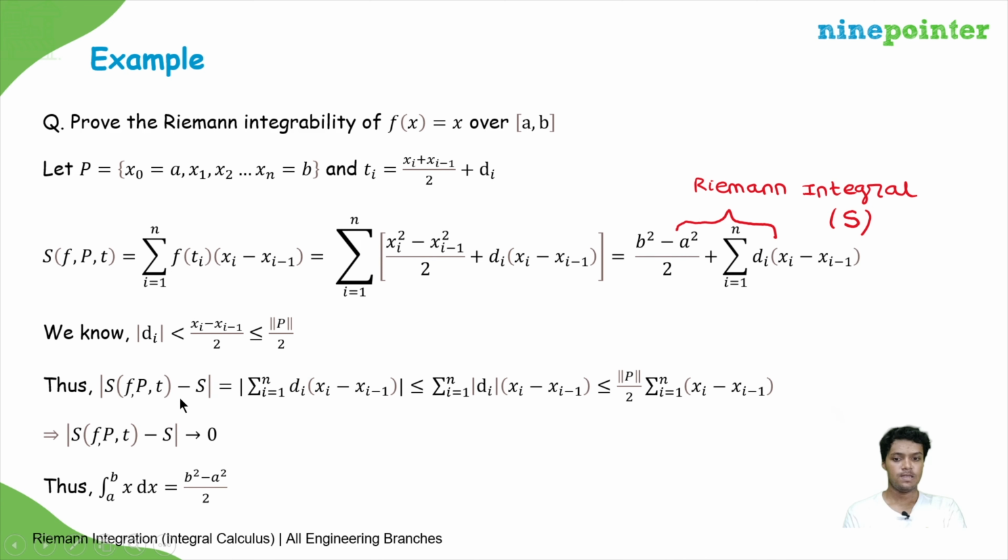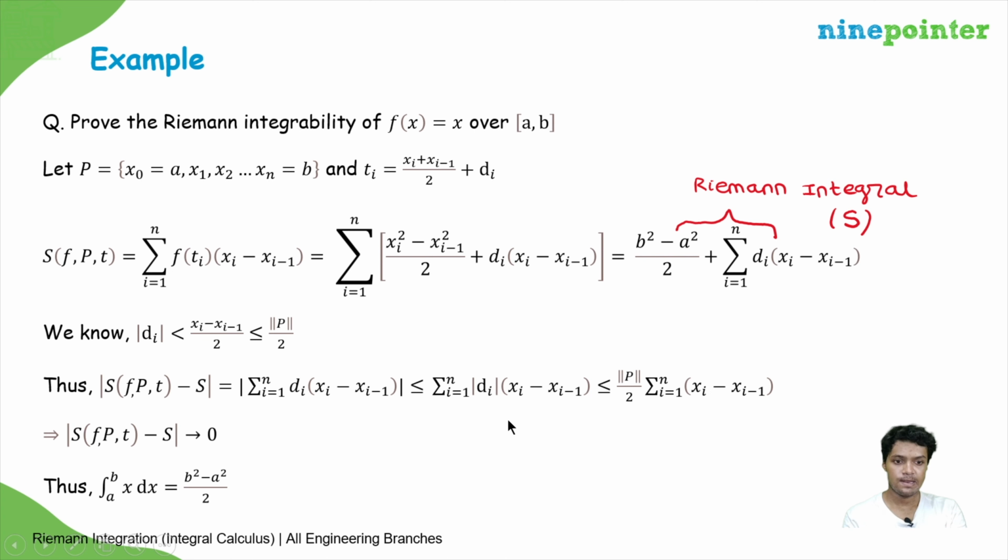So we define this: mod of Riemann sum minus Riemann integral, and using the property of modulus, we can say that this is less than the sum of mod of di into this interval. We know from this property that mod of di is less than norm of P by 2, so we can take this out and we get this sum.